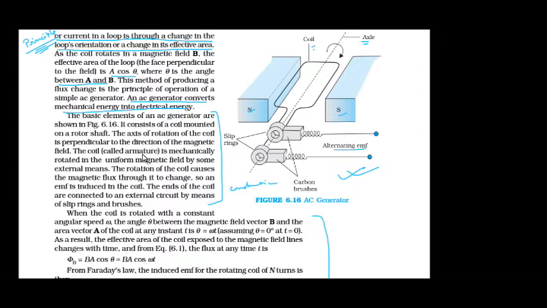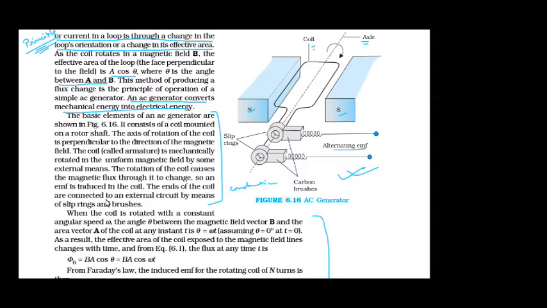This is perpendicular to the direction of the magnetic field. The coil, called the armature, is mechanically rotated in the uniform magnetic field by some external means. By any way, we rotate this coil. The rotation of the coil causes the magnetic flux through it to change. As soon as it starts rotating, the magnetic flux changes, so an EMF is induced in the coil.